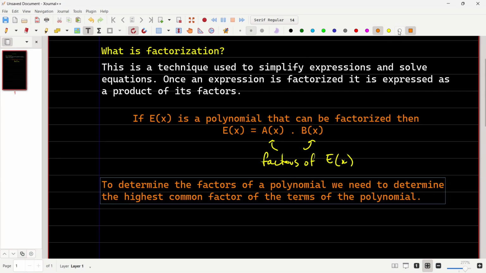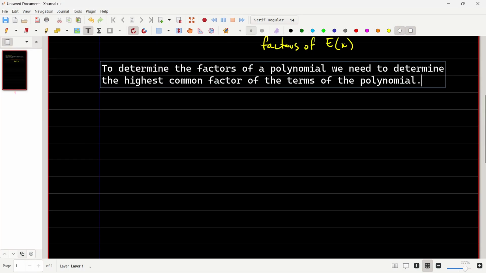Put that in white again. Right? So let me give you an example of that.